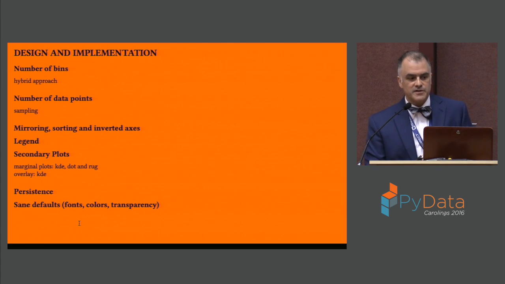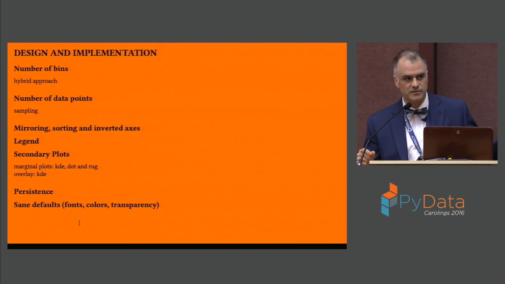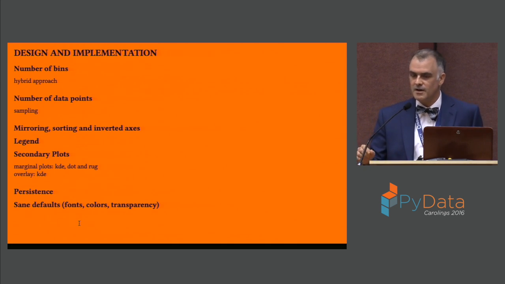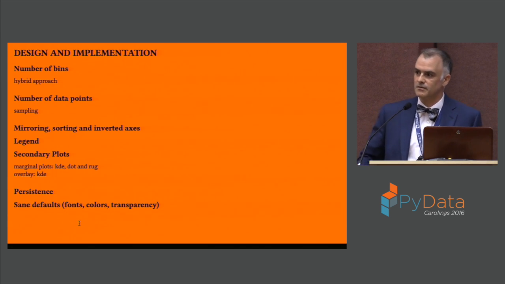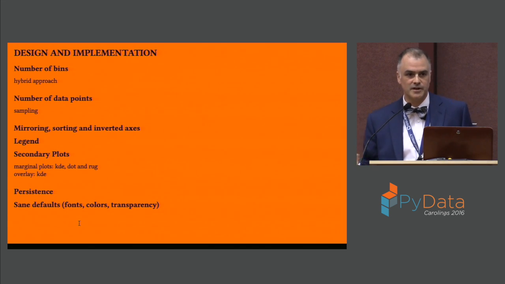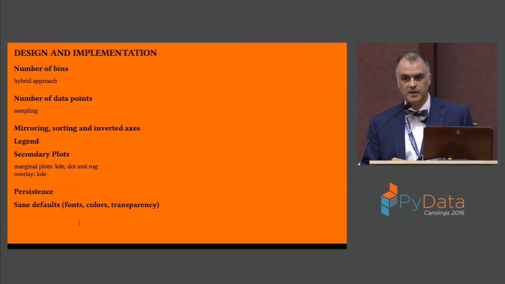Okay, number of data points. This is where you're wondering, this guy is talking about 300 data points, 900 data points. I have 1,000,000 data points, or 750, or 150 million, or 1 billion data points. What can this tool do for me? Well, this is where sampling and other techniques come into play.